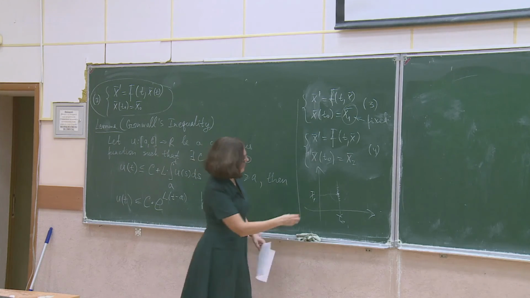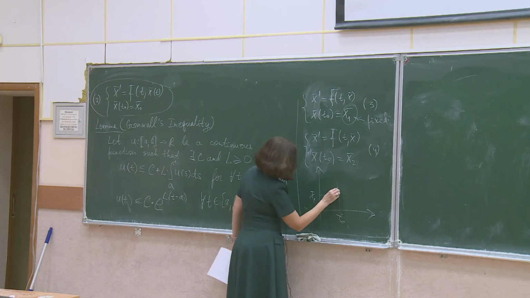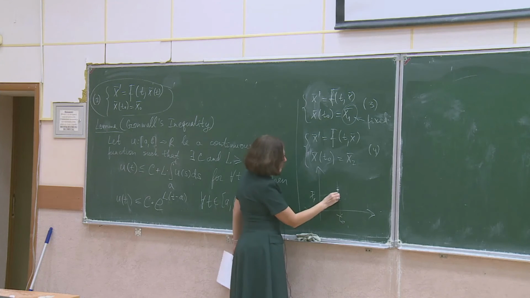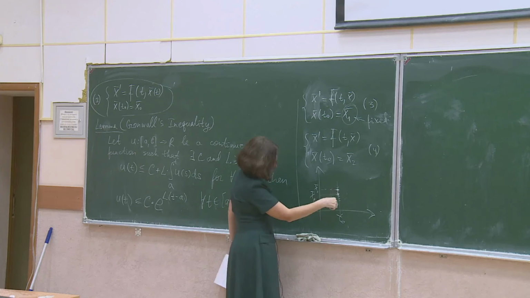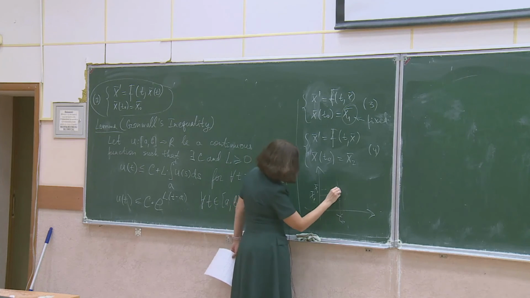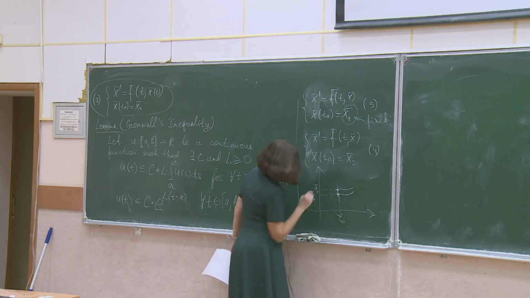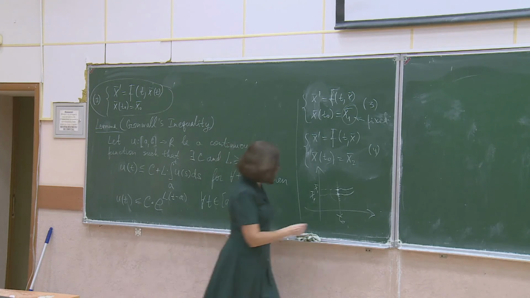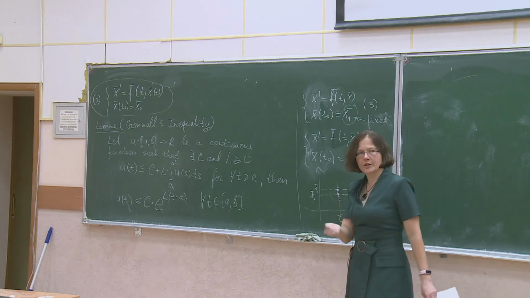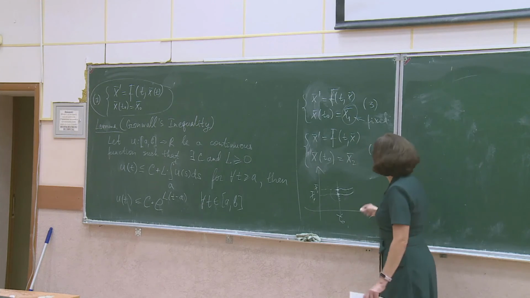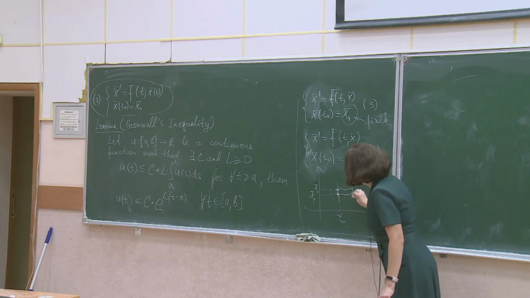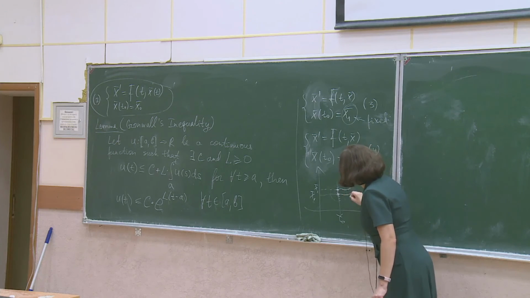And the theorem will be about the following. If we start from some point x2 which is sufficiently close to x1, then if our function f satisfies the Lipschitz condition, then the solutions will be close to each other on some interval.